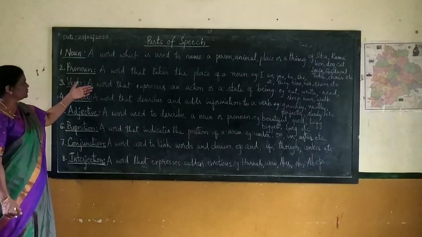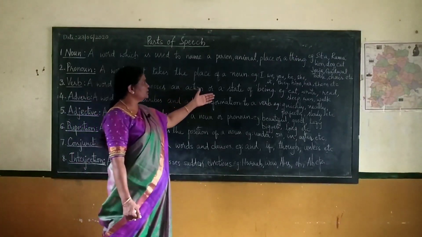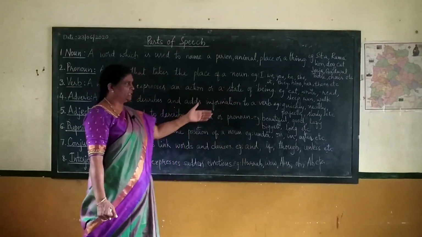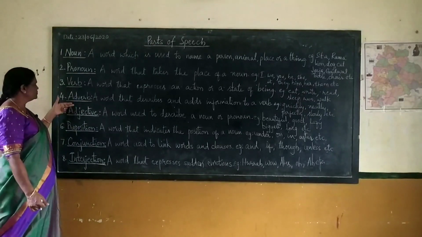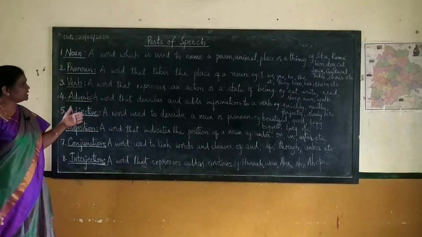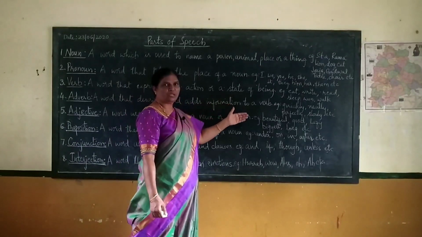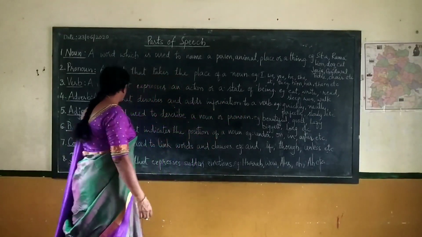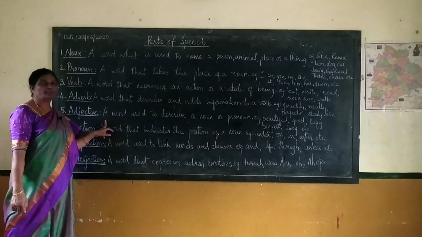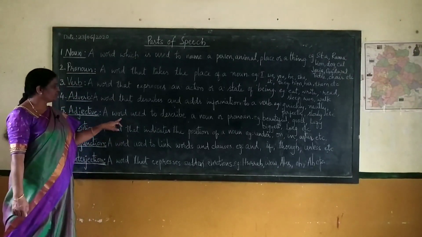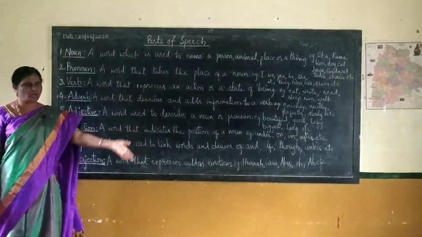The verb is a word that expresses an action or a state of being. Examples are given. And what is an adverb? An adverb is a word that describes and adds information to a verb. And what is the fifth one? Adjective. What is an adjective? An adjective is a word used to describe a noun or pronoun.